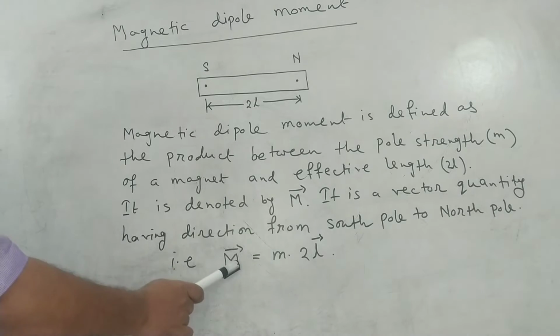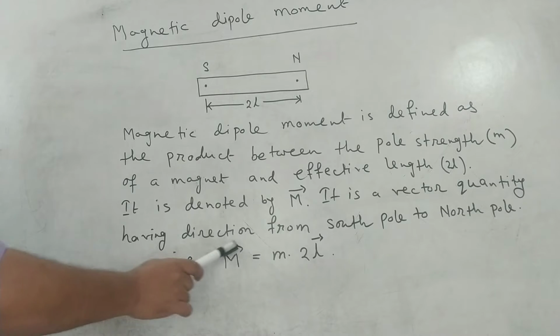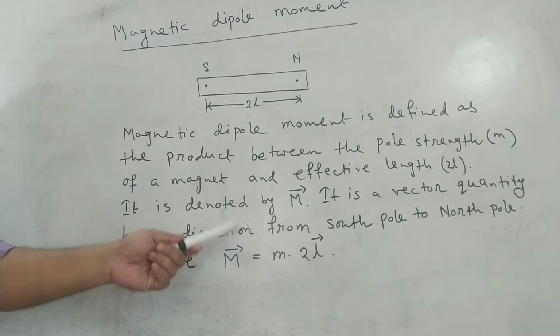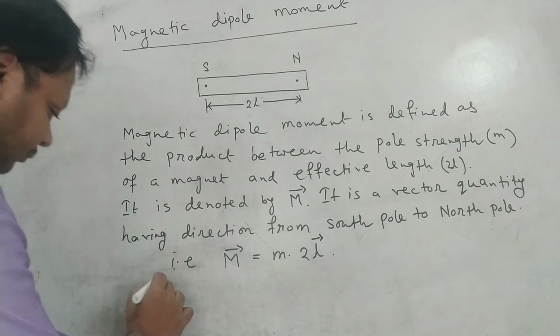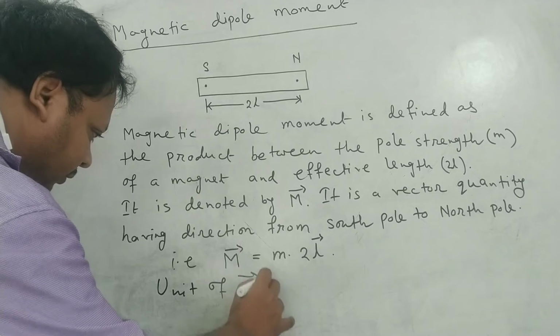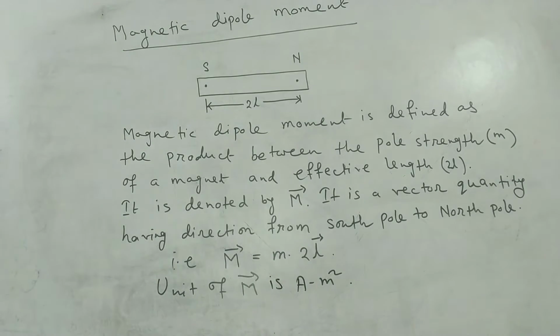That is, capital M is equal to m into 2L. Capital M is a vector quantity and the direction of capital M is from south pole to north pole, and the unit of capital M is ampere meter square.